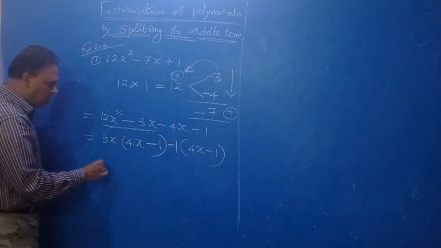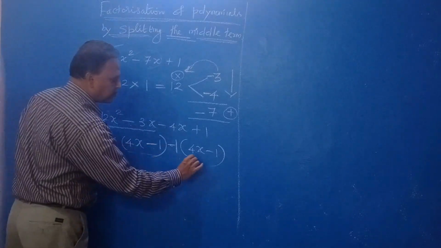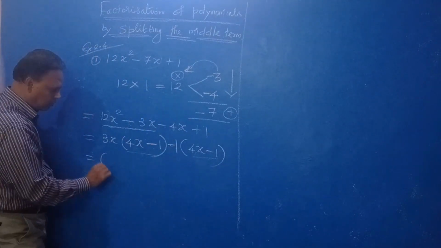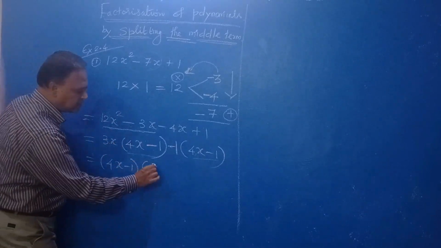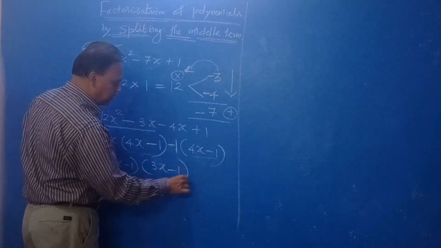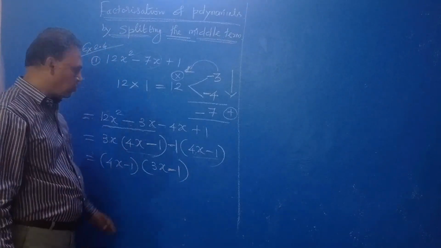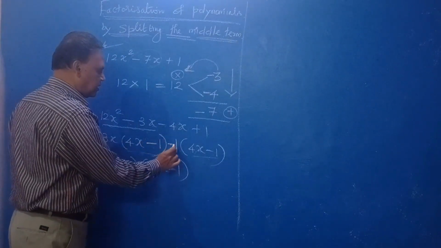What is common here? 4x minus 1 is common. Taking it out, the remaining is 3x here and minus 1 there. So here you have two terms.